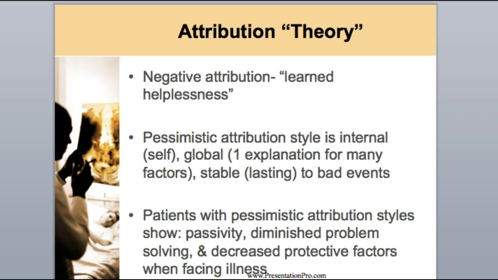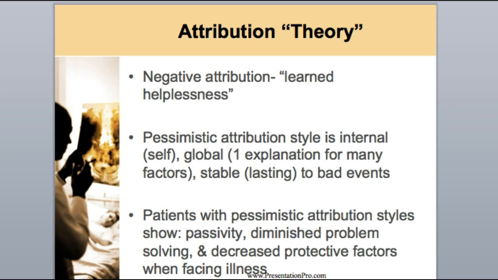So an example of pessimistic attribution style is someone who feels that they cannot overcome what is going on with them because they lack the capacity within themselves to address the issue. This can be somebody who feels like they're too weak to deal with the problem, or may feel like this is just another bad incident that is related to a series of negative things that have happened in their life.